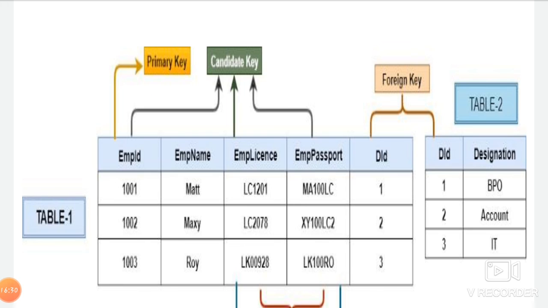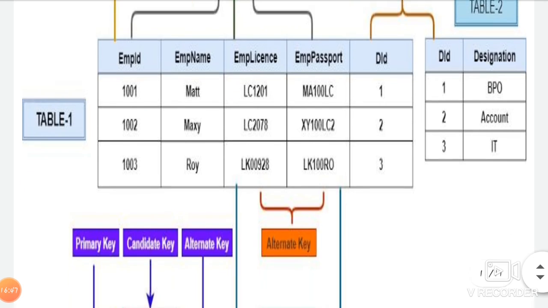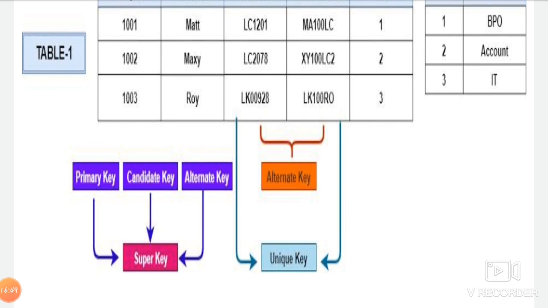Here employee ID acts as the primary key. Employee ID, employee license and passport, these 3 are the candidate keys. In these candidate keys, employee ID is taken as the primary key. So the remaining employee license and employee passport act as alternate keys.